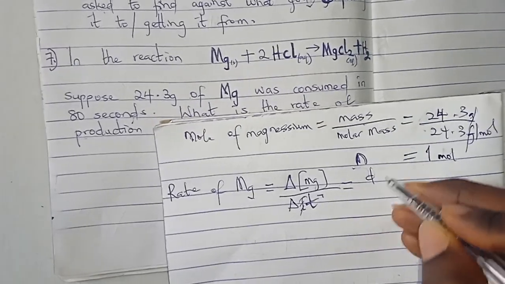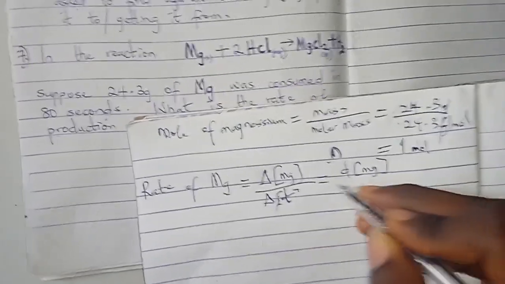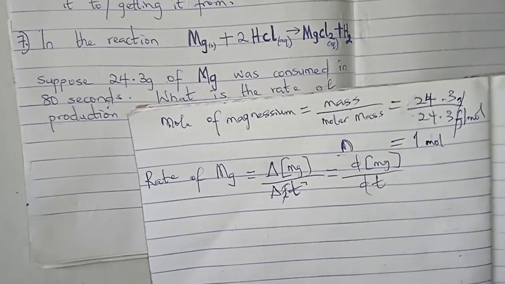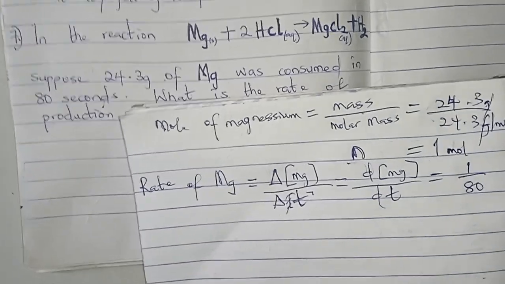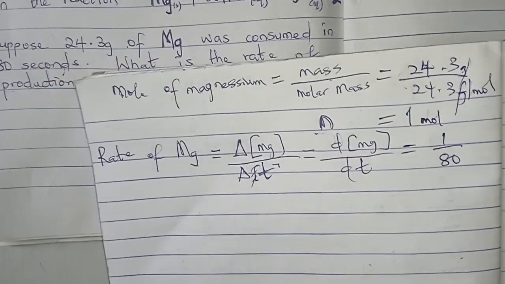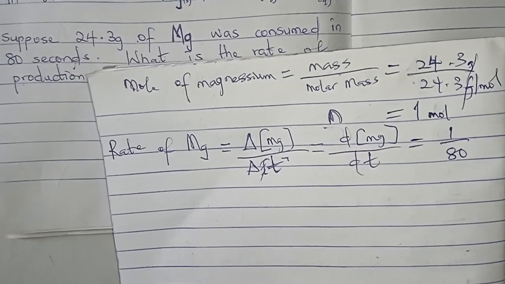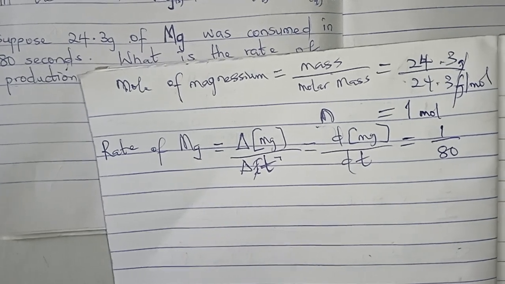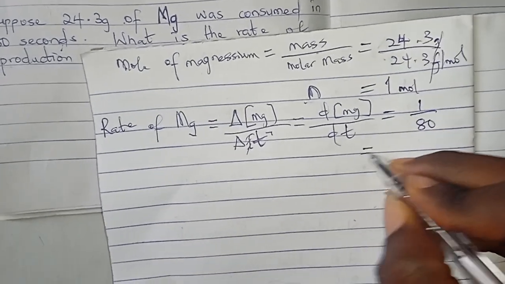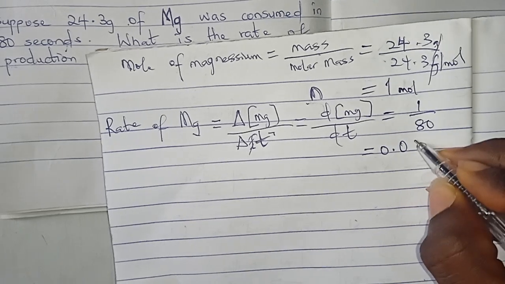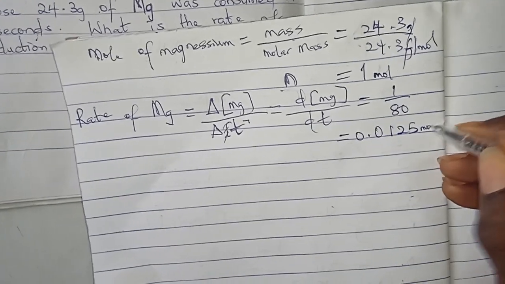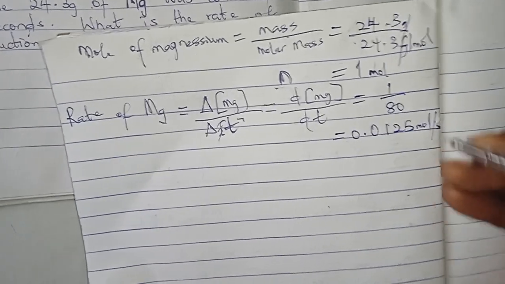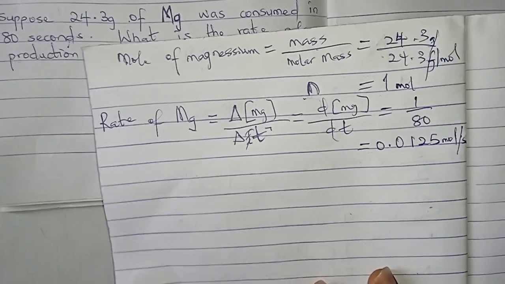This is something I'm saying dMg all over dt. So this is 1 over 80. Let's check what it will give us. So 1 over 80 we get 0.0125 mole per second.